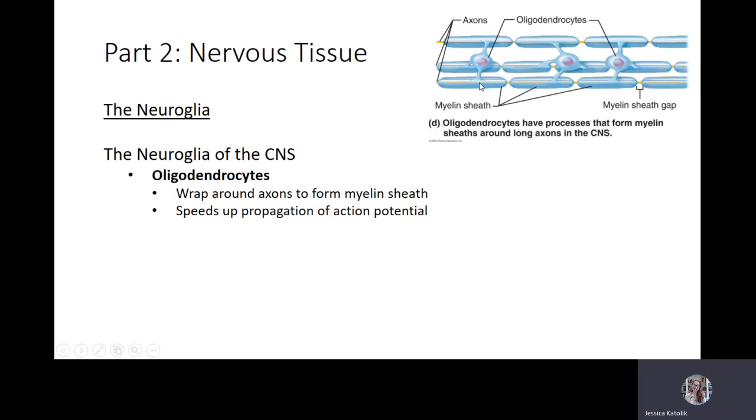And the role of this myelin sheath is to speed up the propagation of an action potential. In the next video, we'll talk about why this occurs in a lot more detail. So just as a summary, the neuroglia of the central nervous system include astrocytes, the star-shaped cell, microglia, epidermal cells, and oligodendrocytes.